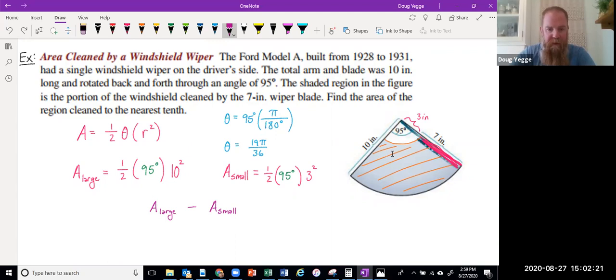So why don't we just say that this is going to be 50 times 19 pi over 36. And we're going to subtract the small area. So 1/2 times 9 over here is simply 9 over 2. So that gives us 9 over 2 times, and we're also going to multiply by 19 pi over 36.